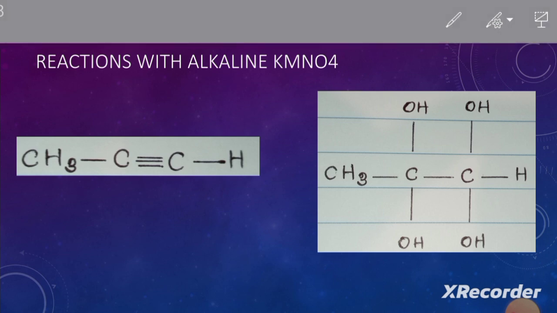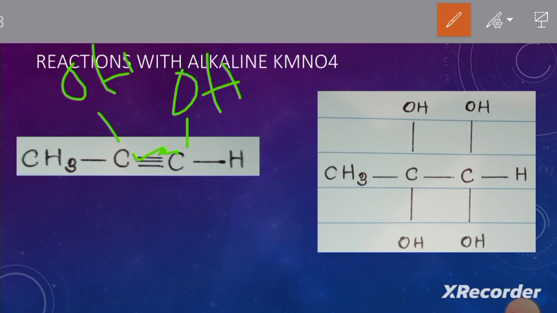What happens here is, replacing one bond, 2 OH bind, and replacing another bond, another 2 OH bind. So keeping only one bond between these 2 carbon atoms, 4 OH are attached to this compound.